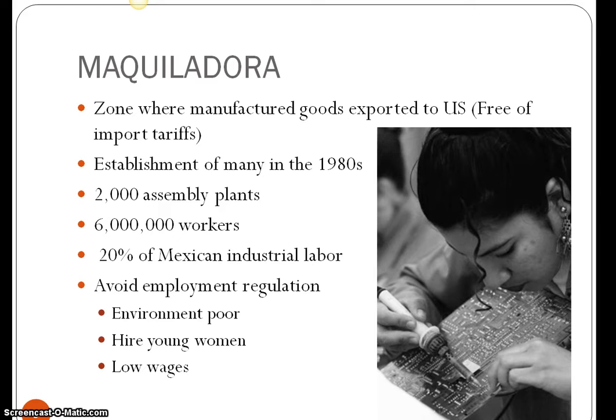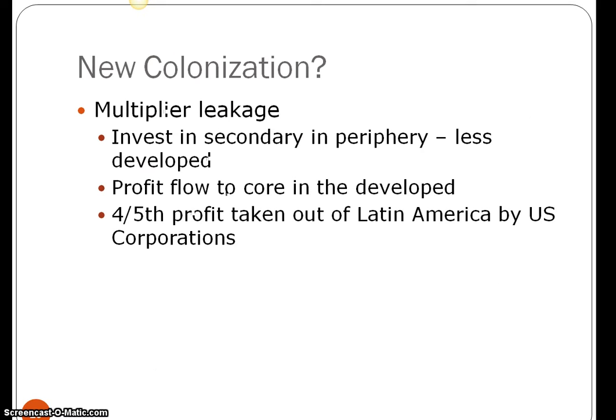So these are places where industries have developed assembly plants for workers. 20% of the Mexican industry is involved in these activities, and it might be a U.S. company in another country, with poor working environments, low wages, and safety regulations that would be very different from the U.S.